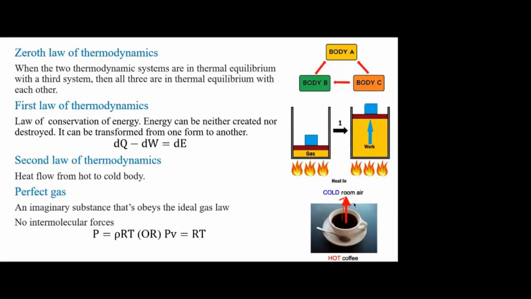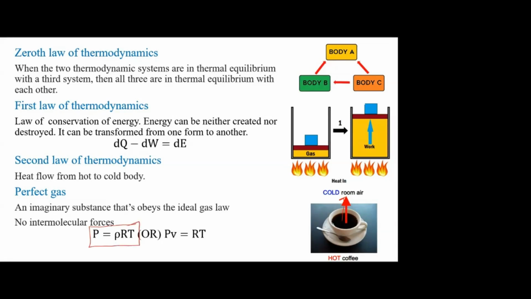Then perfect gas. It is an imaginary substance. There is no perfect gas in real conditions, perfect gas or ideal gas. So we imagine one gas, and that should follow this formula: P is equal to rho RT.